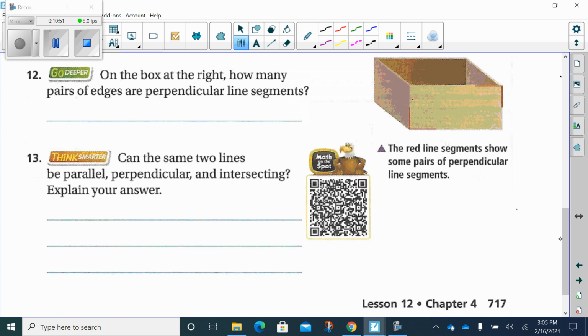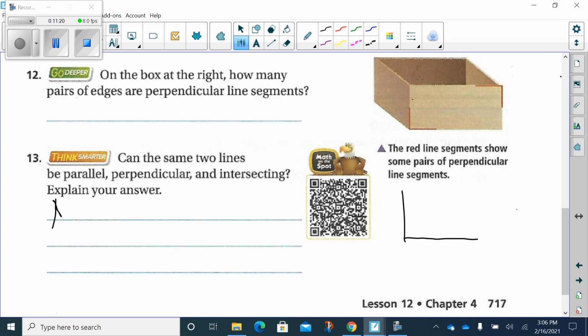Can the same two lines be parallel, perpendicular, and intersecting? Explain your answer. So let's look at this. If I have two lines that are perpendicular, they're intersecting. We know that if it's perpendicular, it's intersecting. But can these two lines be perpendicular and parallel at the same time?